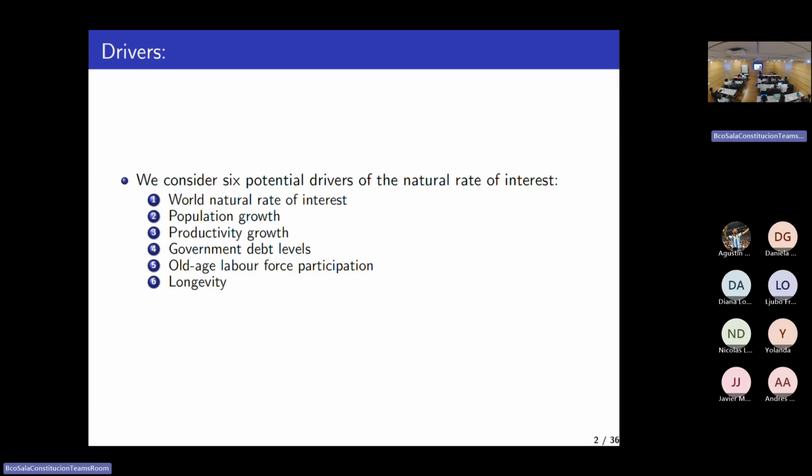The second one is population growth. The third one is productivity growth. The fourth one is government debt levels. The fifth is old age labour force participation. New Zealand, among the OECD countries, has one of the highest rates of employment for people aged 65 to 75, so we want to think about whether that matters. And the sixth is longevity: people are living longer.